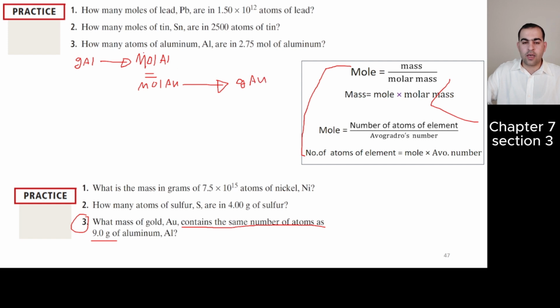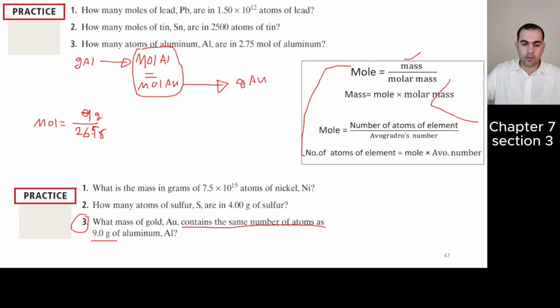Just know that when it says the same number of atoms, it means the same moles. So 9 gram of aluminium. First, mole equals to what? Mole equals to mass of aluminium, which is 9 gram of aluminium, divided by the molar mass of aluminium, 26.98.